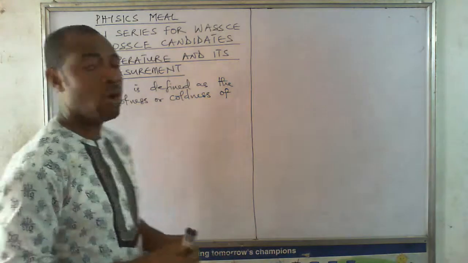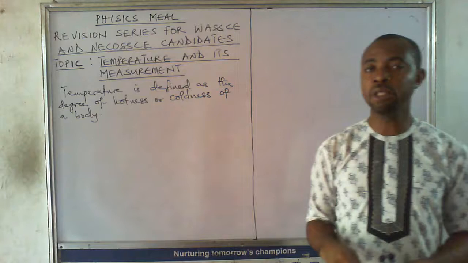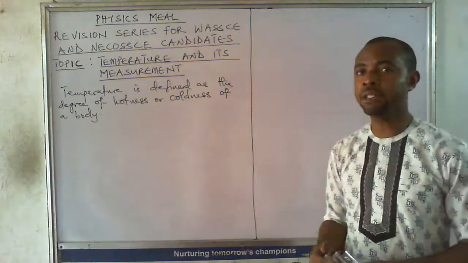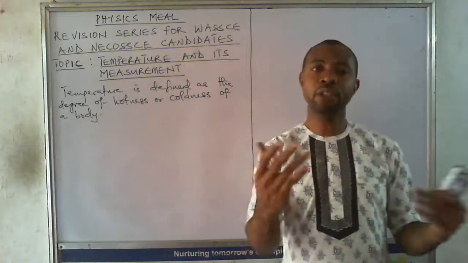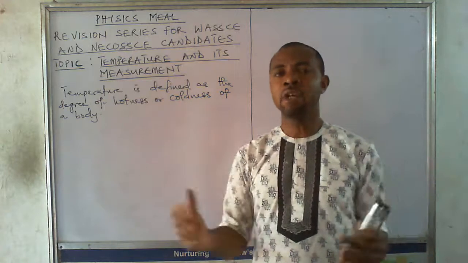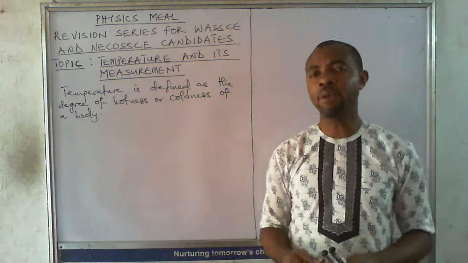So how hot a body is or how cold a body is, is what we use to describe the temperature of a body. From time to time, someone can touch you and say your body is hot. Another person may touch you another time and say your body is so cold. The degree of hotness or coldness of a body, that's what we mean by what? Temperature.